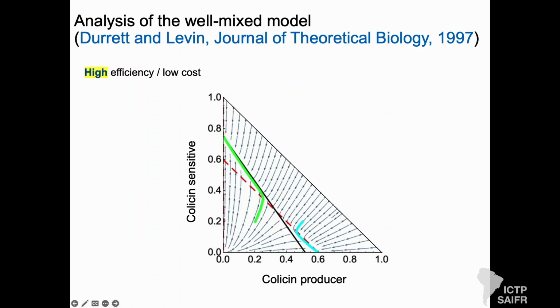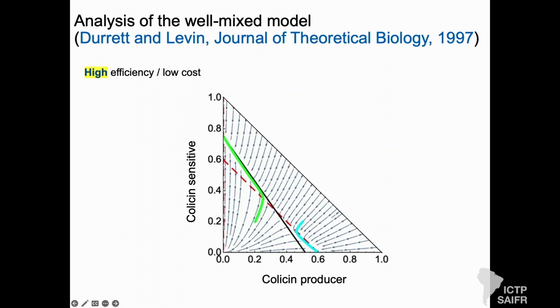And this was biologically a bit weird, because having this threshold density for the invasion of the producers was not very useful in terms of understanding how this population could invade a given environment. Do you remember that? Okay.